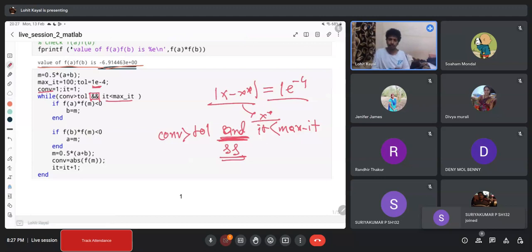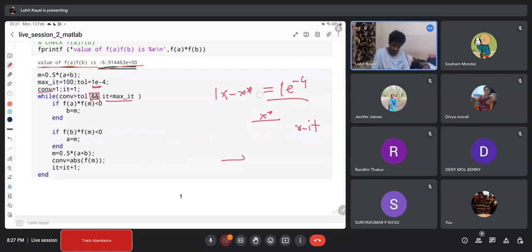After practicing, you will be habituated with it. When you have to use this double ampersand, double equal to, this thing will appear again and again. So don't worry about it. Just understand the logic and try to do the code at home. So while conv is greater than tol, just understand in our normal language, when this is true and when this is true, obviously my first iteration will be 1.